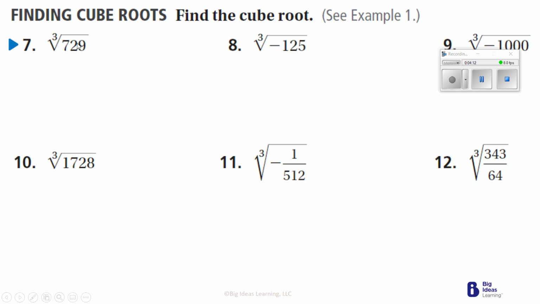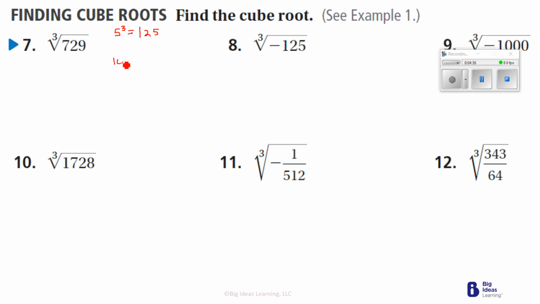Finding the cube root of 729. All right, so what number multiplied by itself 3 times will give me that? Well, I'm going to just do some guessing here. I know that 5 cubed equals 125, because 5 times 5 is 25, and 25 times 5 is 125.